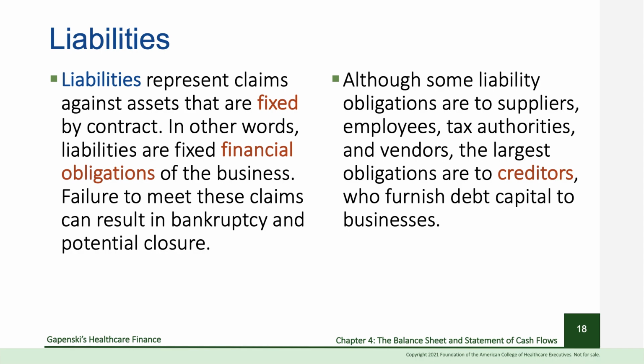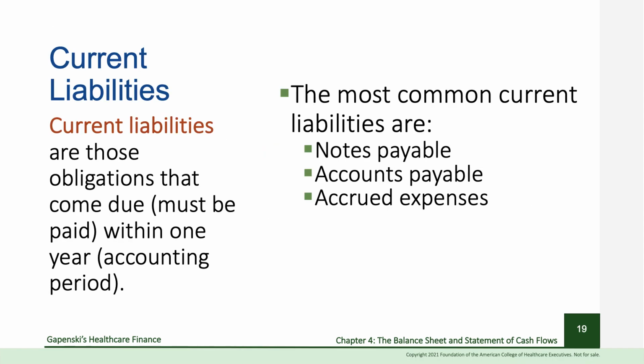Although some liability obligations are to suppliers, employees, tax authorities, and vendors, the largest obligations are to creditors who furnish debt capital to businesses. Creditors give you the debt to buy more assets. So some obligations of liability are to suppliers and employees, but most of the obligation lies with the creditors.